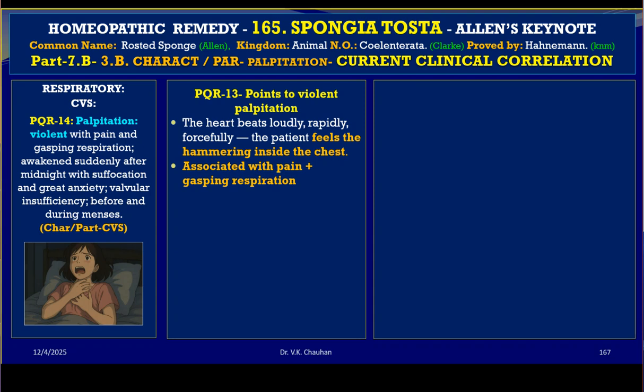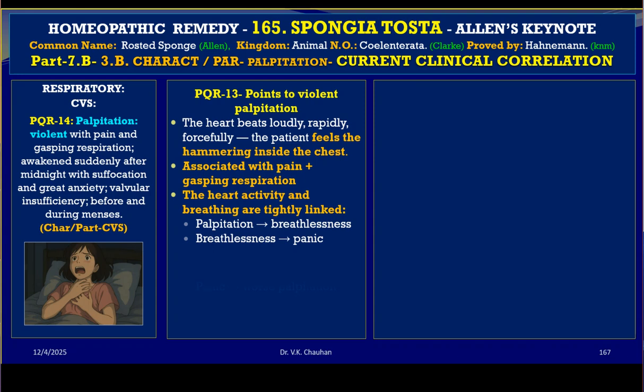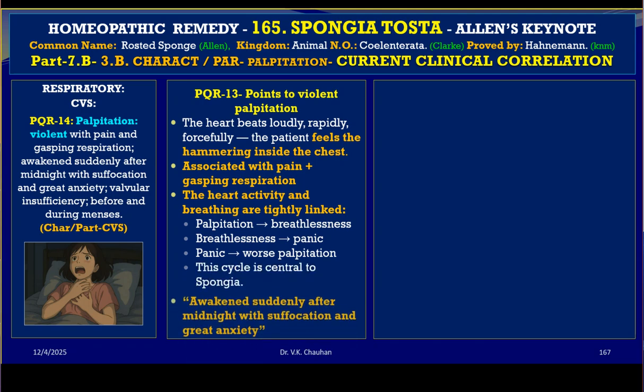Once the lungs are congested, there is difficulty in respiration; it compromises your respiratory system. Heart activity and breathing are highly linked. Palpitation causes breathlessness, causes panic, causes the palpitation to become worse, and this cycle is central to Spongia.